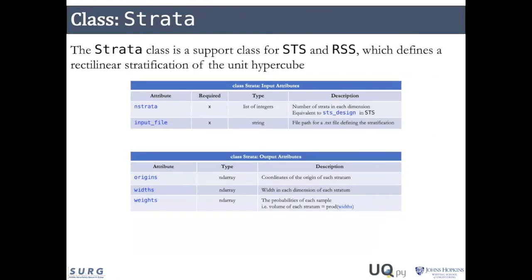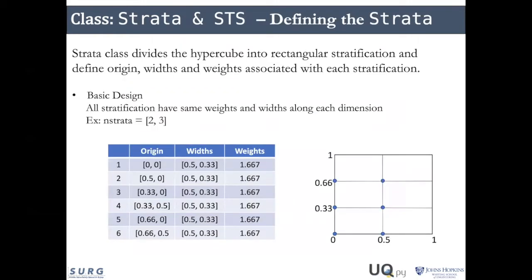So yeah, as I said, to define the stratification in the STS class, we have a strata class which basically takes n strata and input file as attributes. And as output attributes, we have origin, width, and weight. So let me first explain how we can use n strata to generate a stratification.